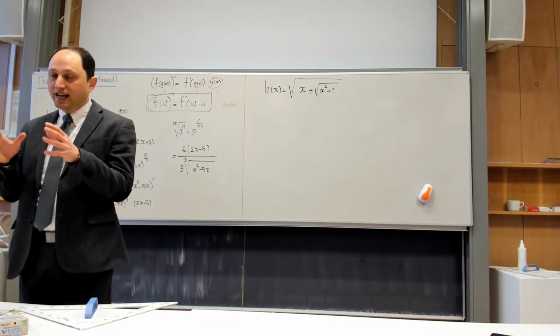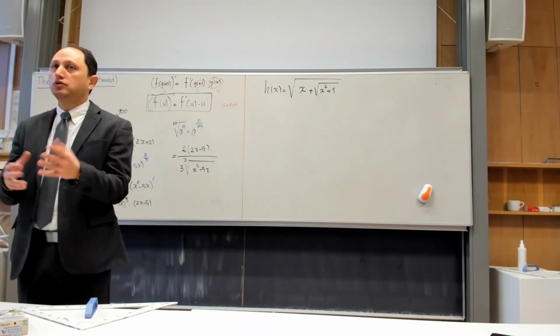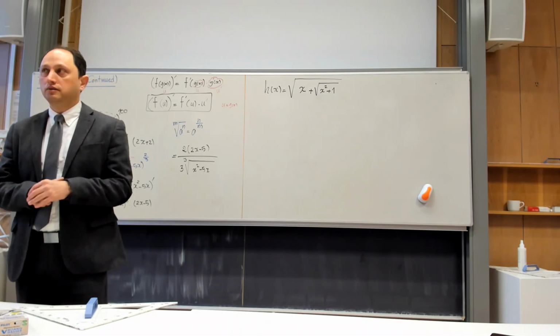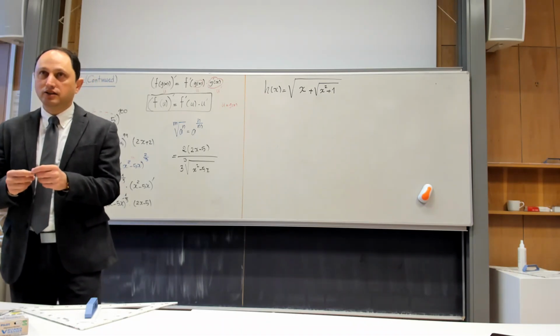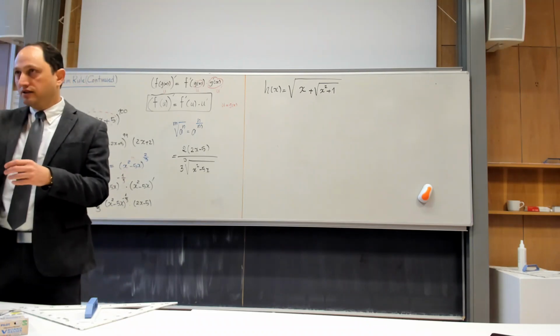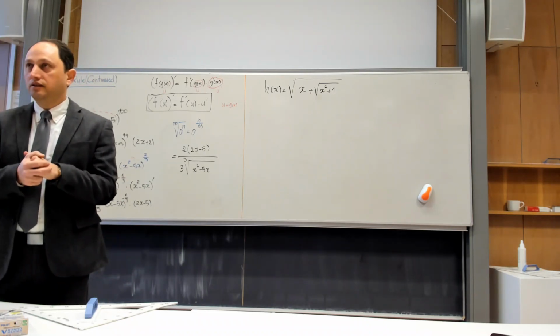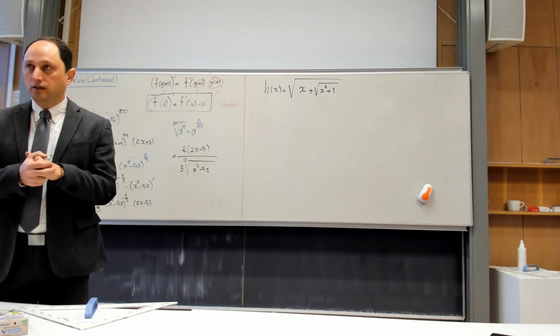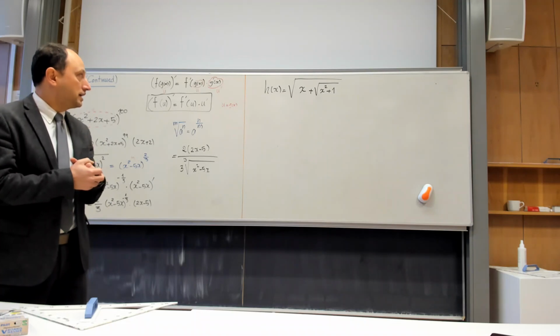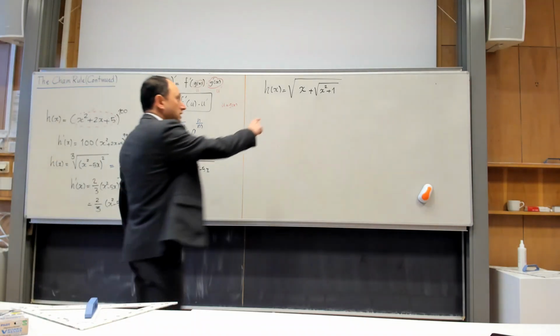Because if you say that is the inner function, then what is your outer function? There is something going wrong here, yes? The most inner function is x plus x squared plus 1. The whole expression is u.